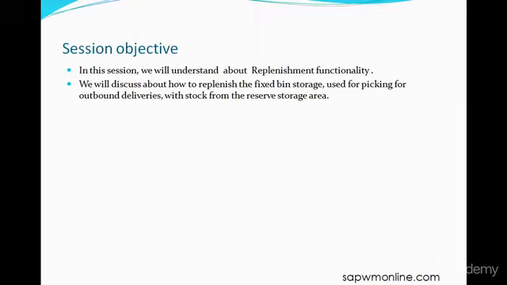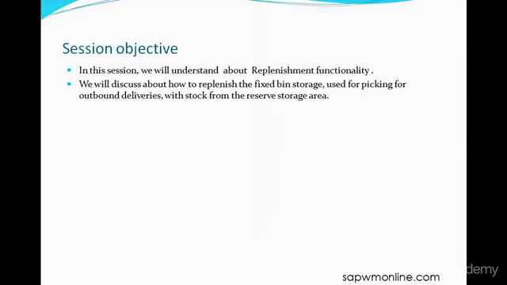Then we need to do some customization settings so that the system understands what the reserve bin or reserve storage type is for this particular material, so it could pick the material from this reserve area and get it to the fixed bin for this material.